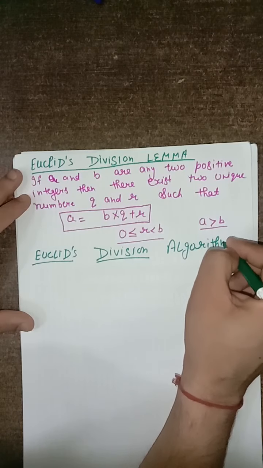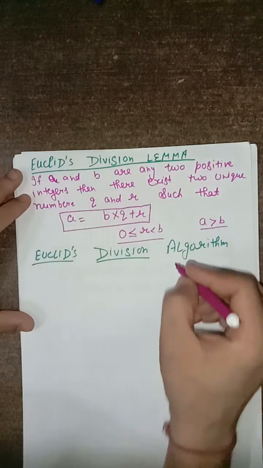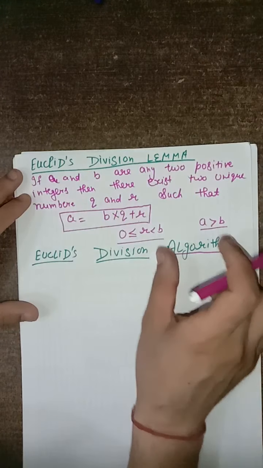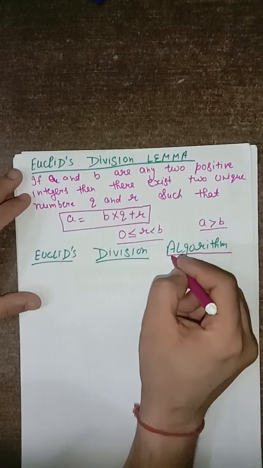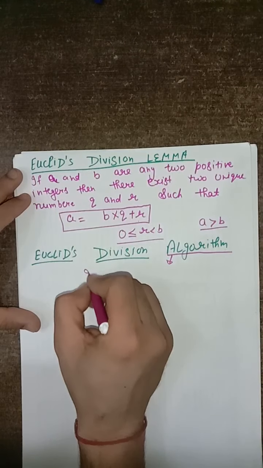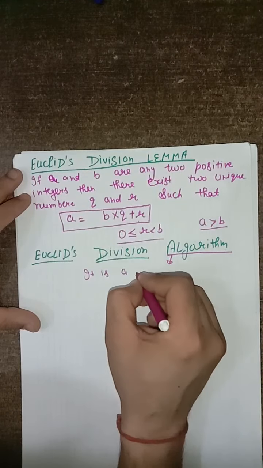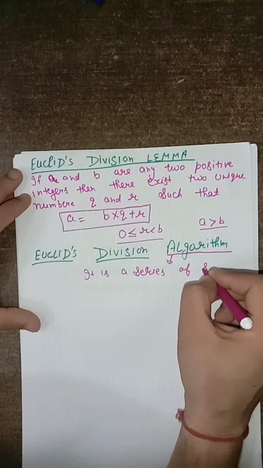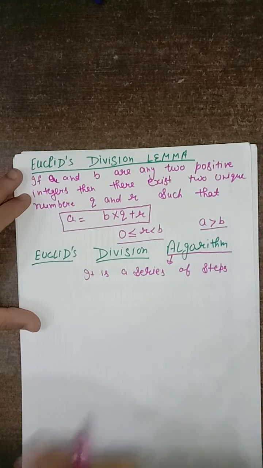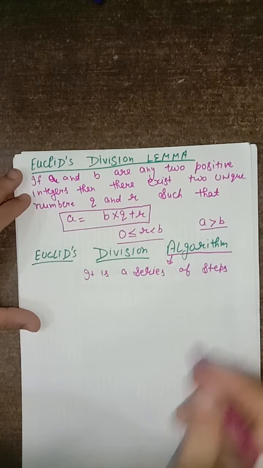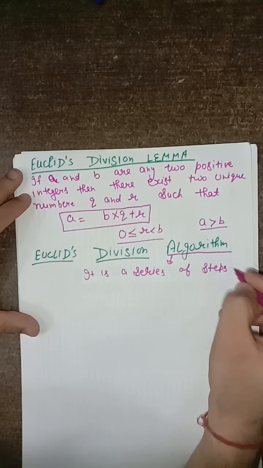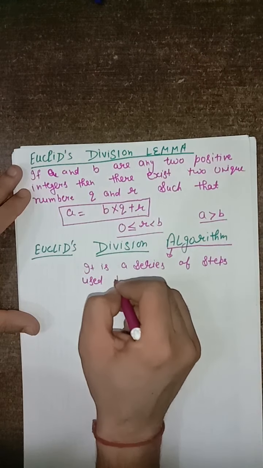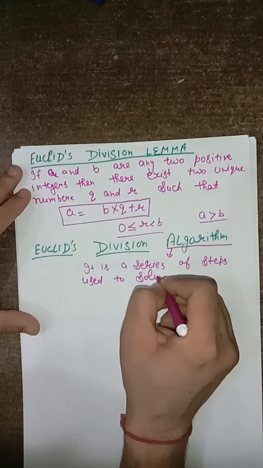Now the meaning of algorithm: Euclid's division is the same, the difference is the lemma and the algorithm. The algorithm says that it is a series of steps used to solve a problem.